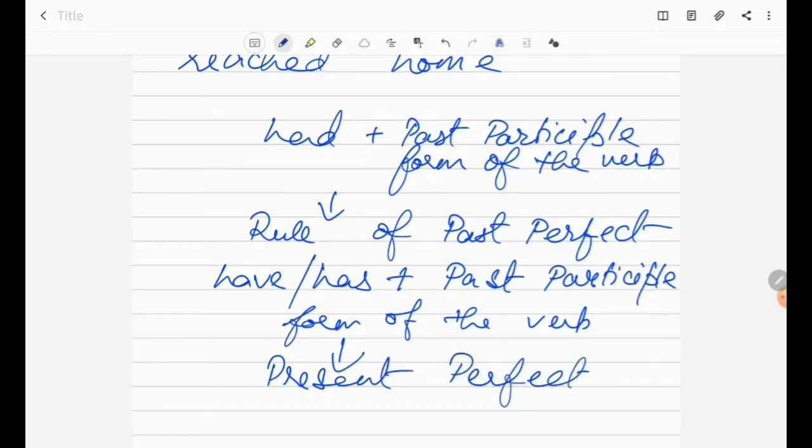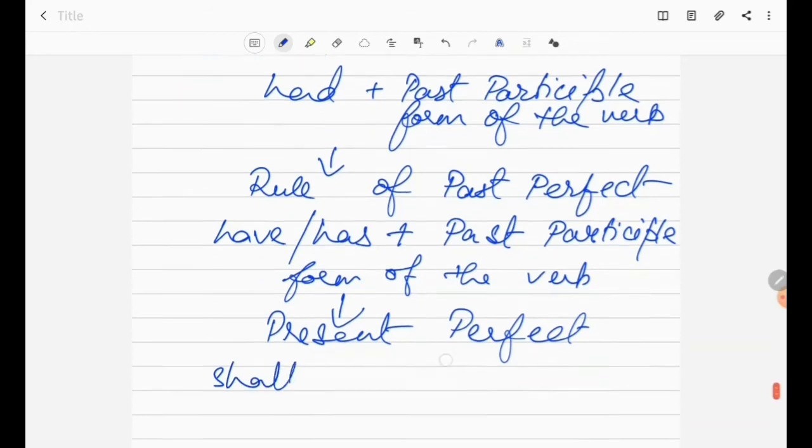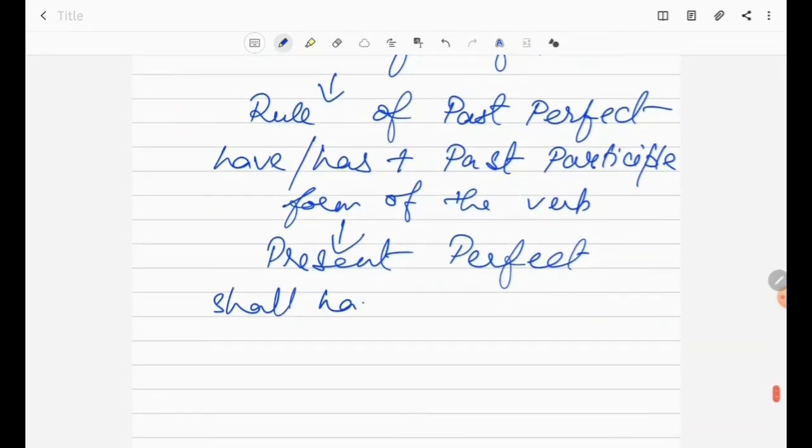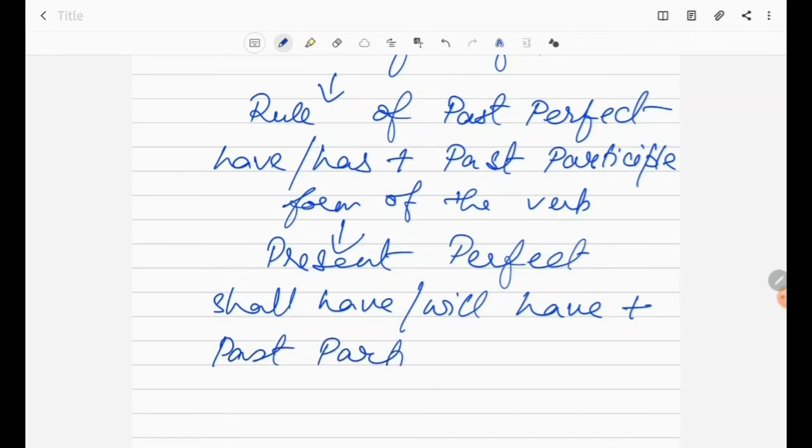Future perfect we don't usually use, but if you want to know the rule, this is a simple rule of the future perfect. Shall have or will have plus past participle form of the verb.